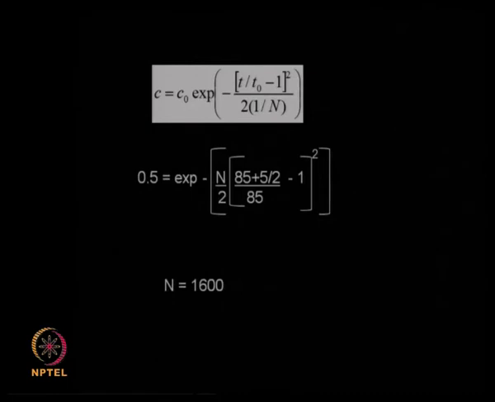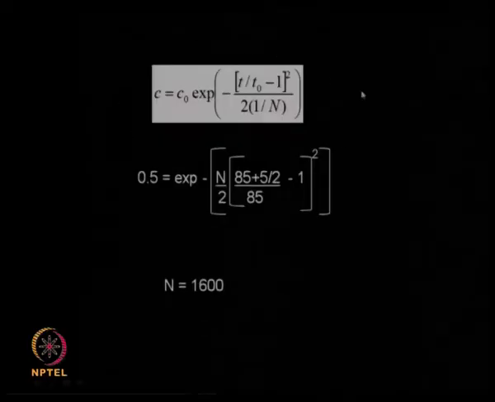Okay. So in this problem what we did, we know the width at half the maximum, and the time, then we tried to calculate the number of stages. So we used this particular relationship. You remember we used to have sigma square here, sigma square is equal to 1 by n.